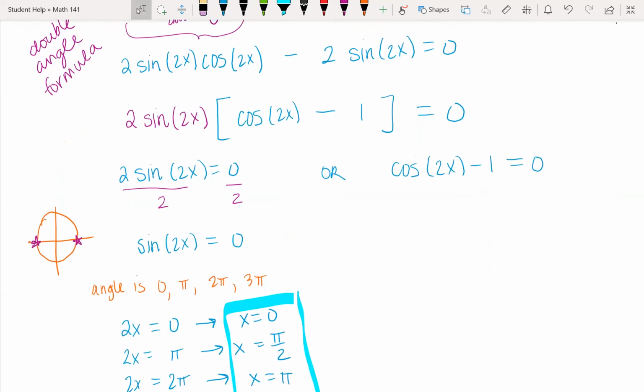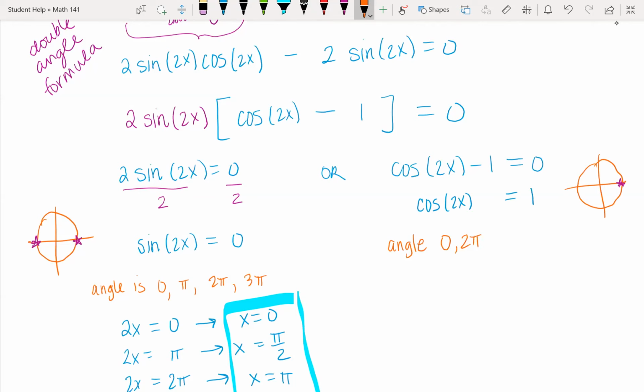We're back over here to the right side. Cosine of 2x minus 1 is equal to 0. Let's add 1 to both sides. And we want to know when the cosine is equal to 1. Cosine is equal to 1 only in one place, which is here, right? But we're going to consider all the options between 0 and 4 pi. So the angle is either going to be 0 or 2 pi.